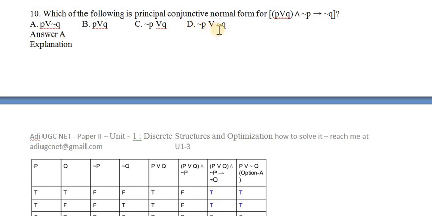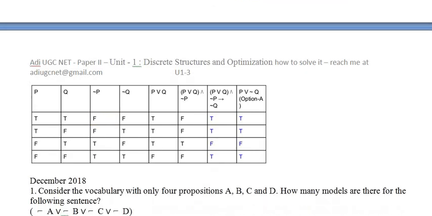It is nothing but a product of sums. Okay, so how to find out such things? For this particular statement, from the given choices we want to have the truth table.